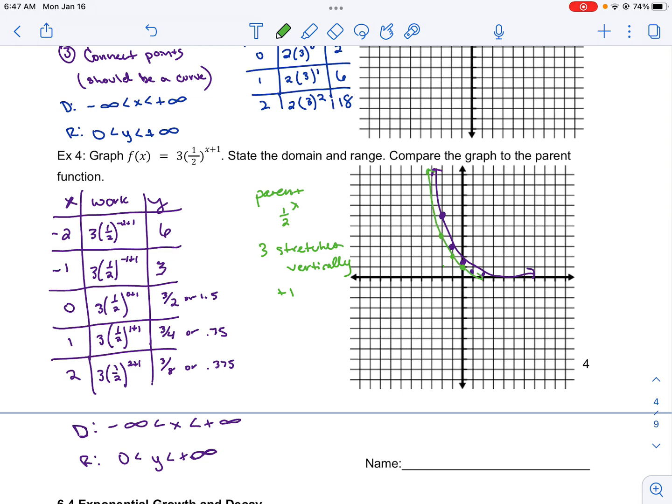Okay, so it's going to look just like that. So again, talking about that stretch vertically with that 3. But what does that plus 1 do? So that plus 1 moves the graph a little bit. It's kind of hard to see on here. But the plus 1 actually shifts the graph to the left 1.